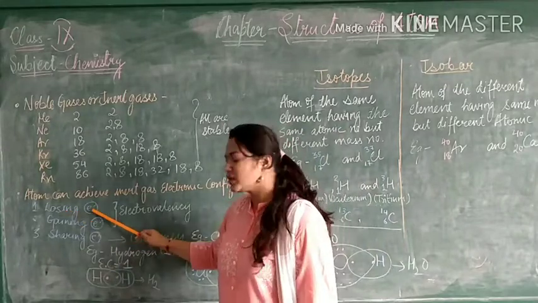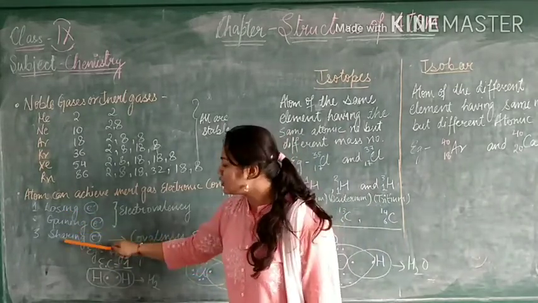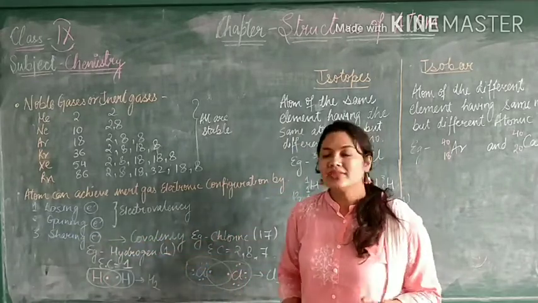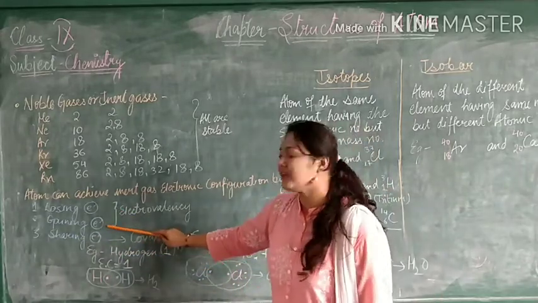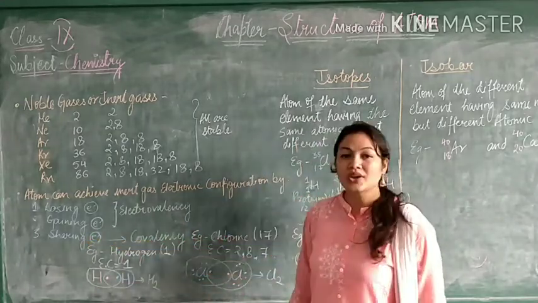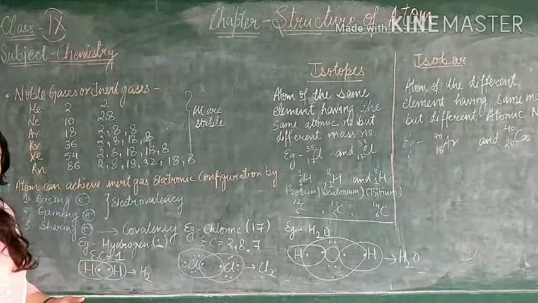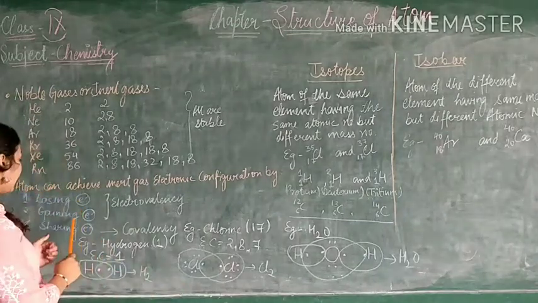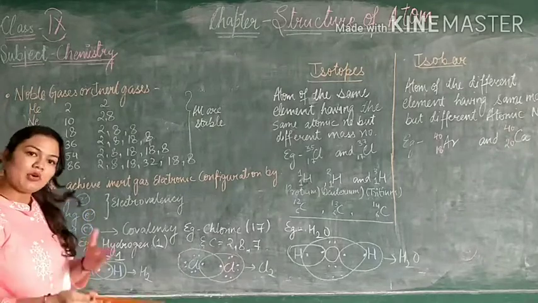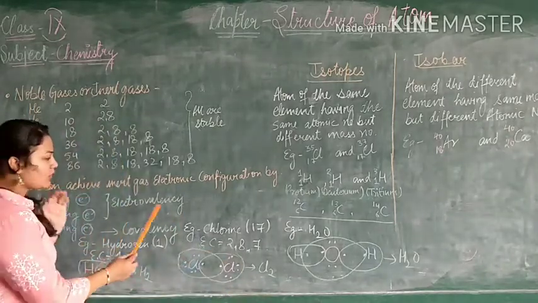First, losing of electron, second, gaining of electron, and third, sharing of electron. When there is losing or gaining of electron, that is called electrovalency, which we have already discussed in valency.